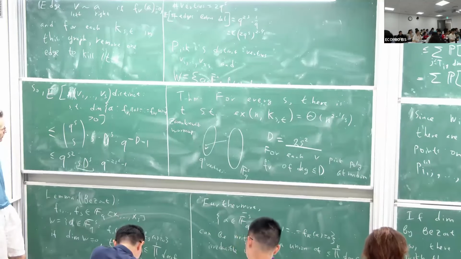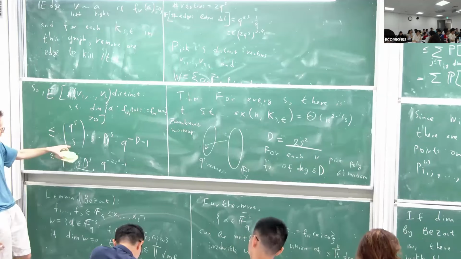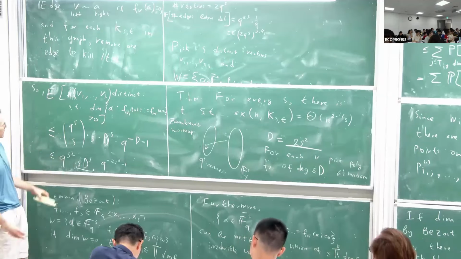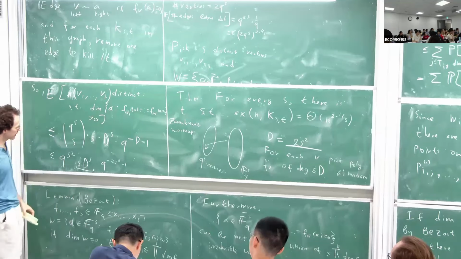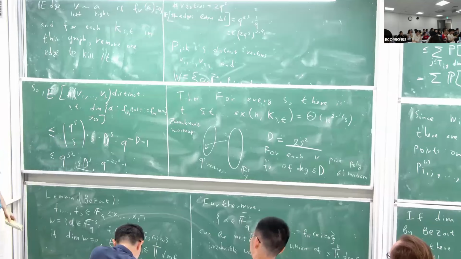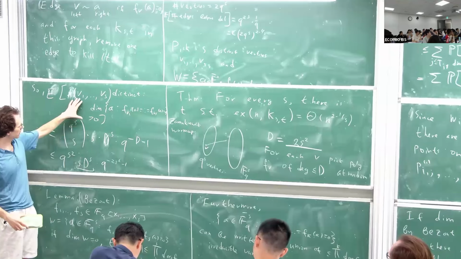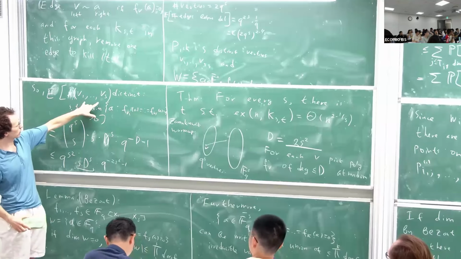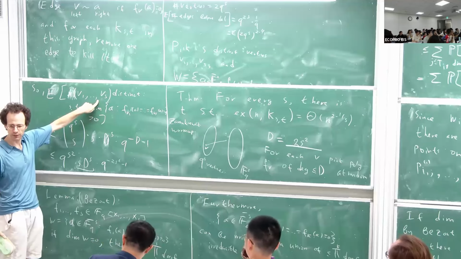During the break, it was pointed out to me that I made a mistake down here, because this is the expected number of bad S tuples, but this is not the same thing as the expected number of edges you need to delete in order to kill all the bad K_{S,T}, because for a bad S tuple I need to delete many edges to kill all the things coming from it.